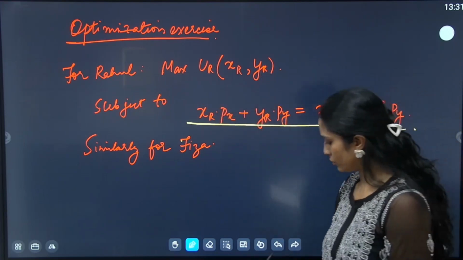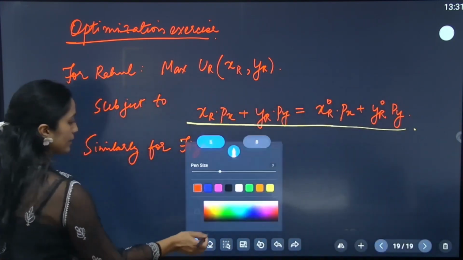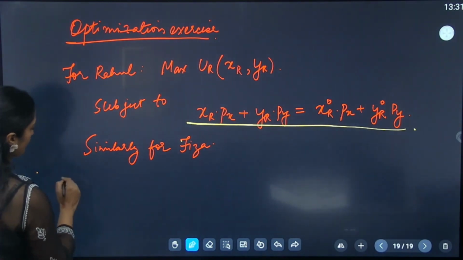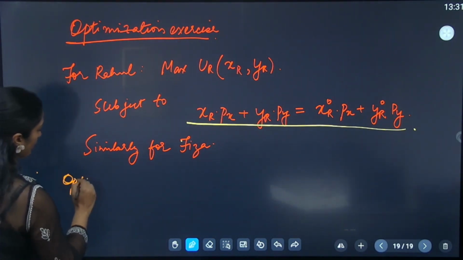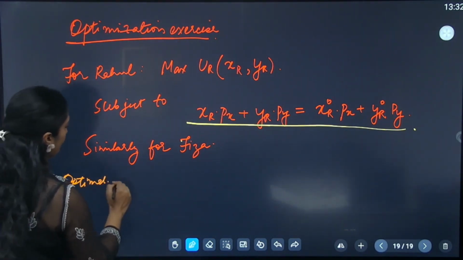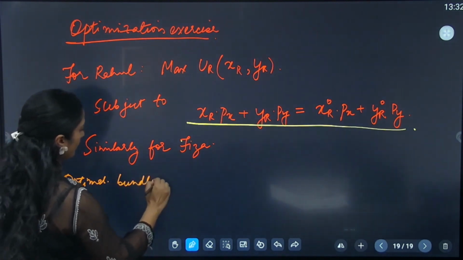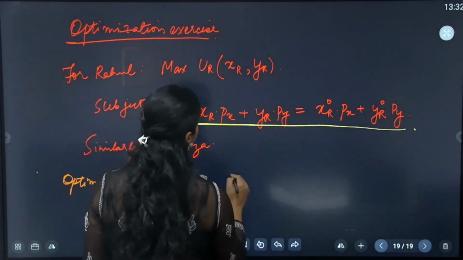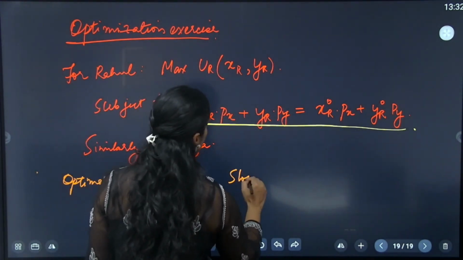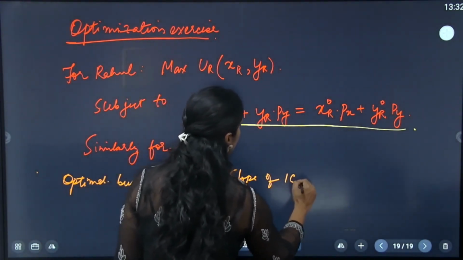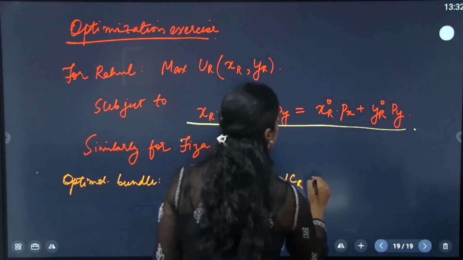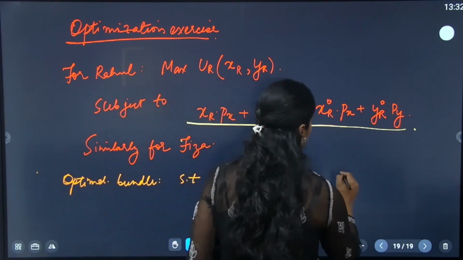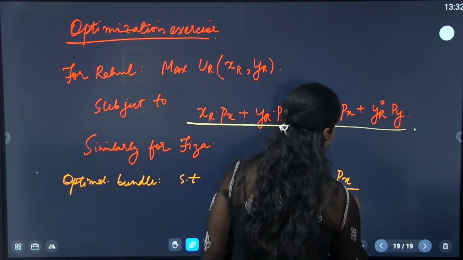So you can say the optimal bundle for Rahul is such that the slope of Rahul's IC is equal to the slope of the budget line, and the slope of the budget line we know is given by the price ratio.